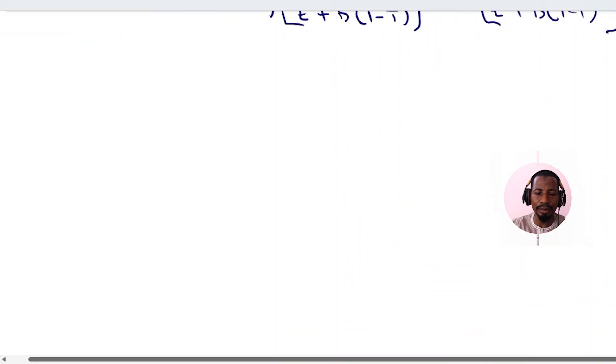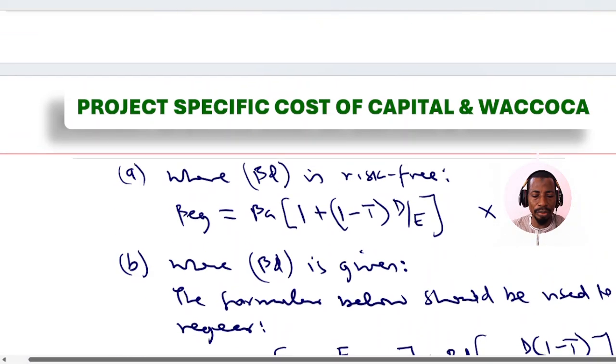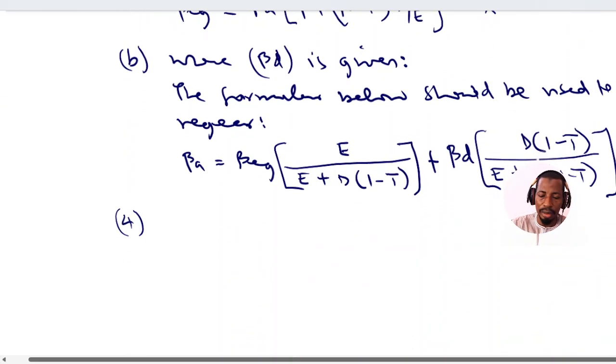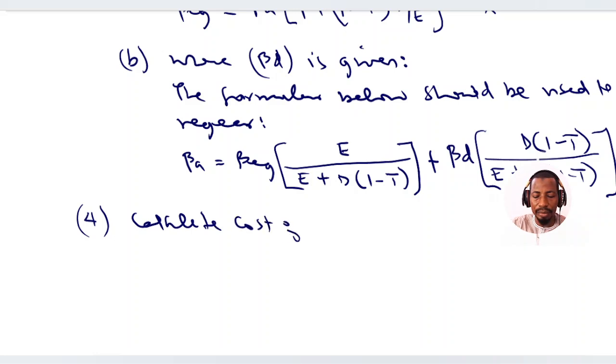Let's move to step 4 now. In step 4, you are supposed to calculate cost of equity using CAPM, the capital asset pricing model.